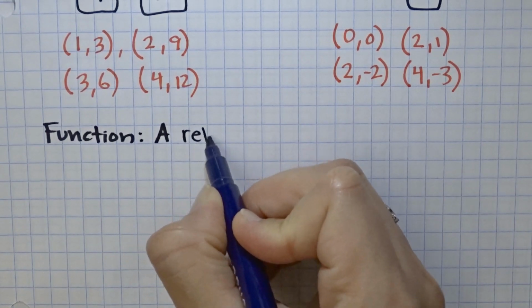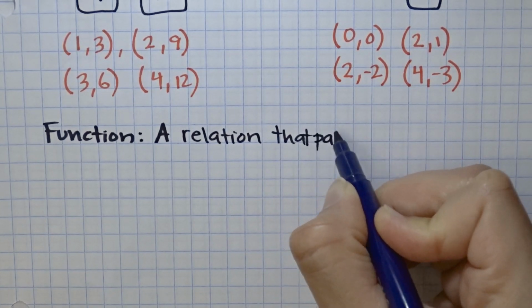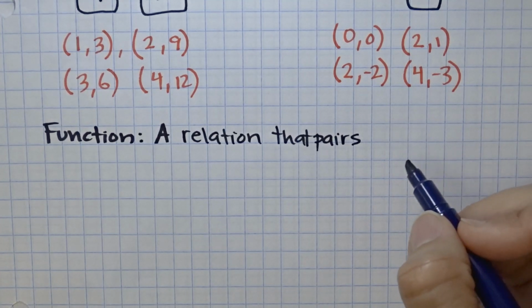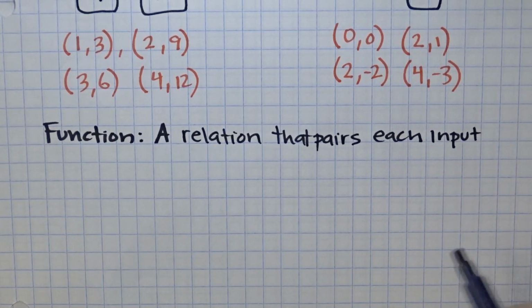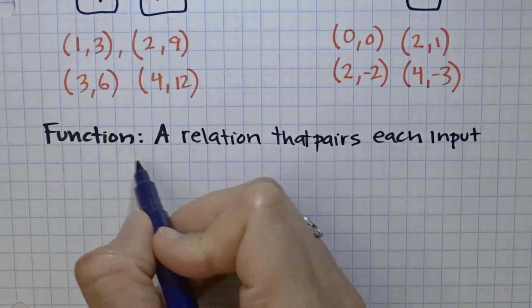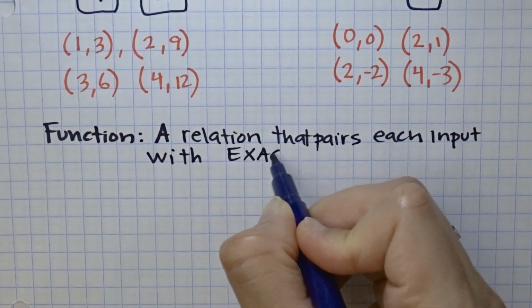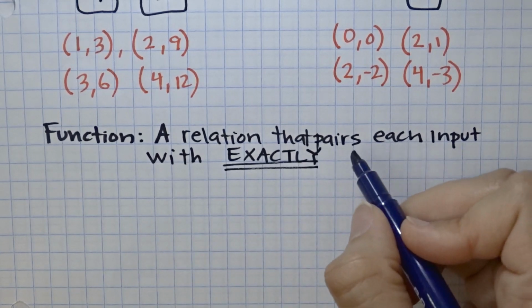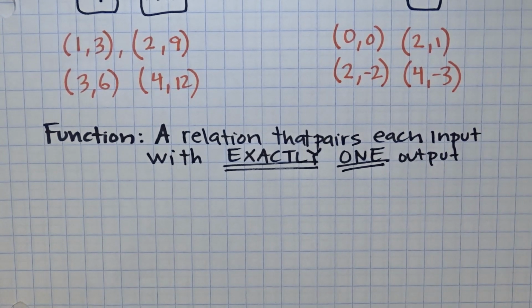It's a relation that pairs each input with exactly, and that's very important, one output. All right, so it has to have one output. If you're plugging something in, there should only be one thing that comes out as an output.